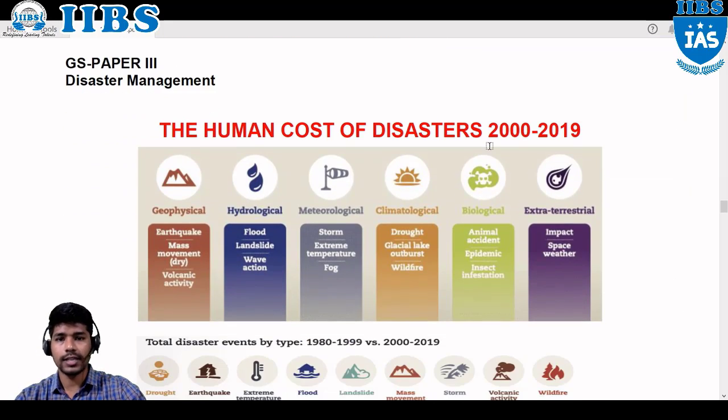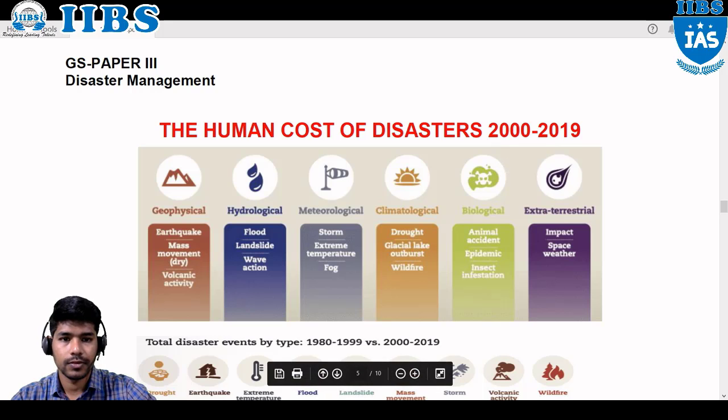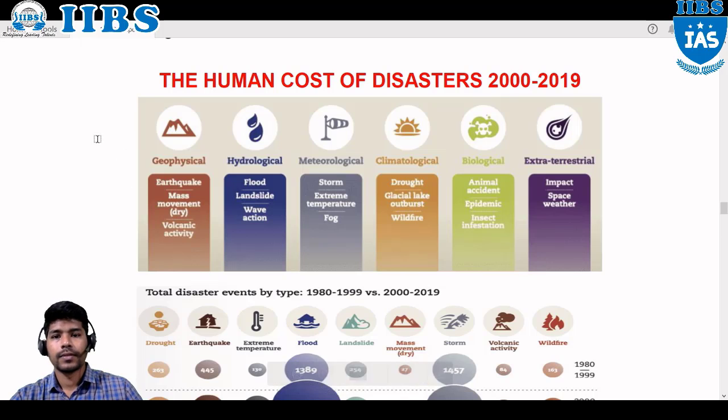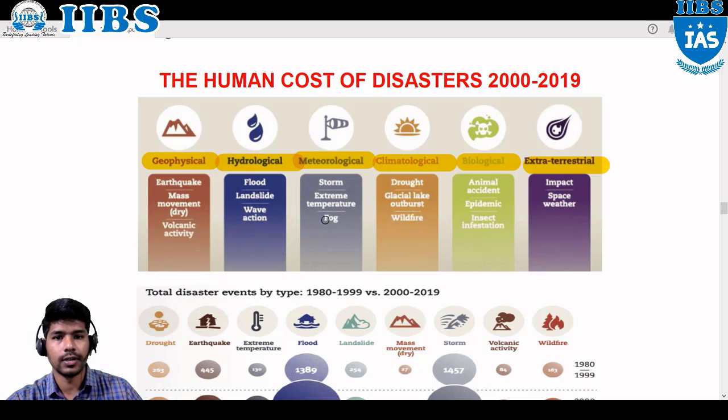And the next topic is the Human Cost of Disasters 2019 report. It comes under Disaster Management, GS paper 3. You can see here that disasters are geophysical, hydrological, meteorological, climatological, biological and extraterrestrial.